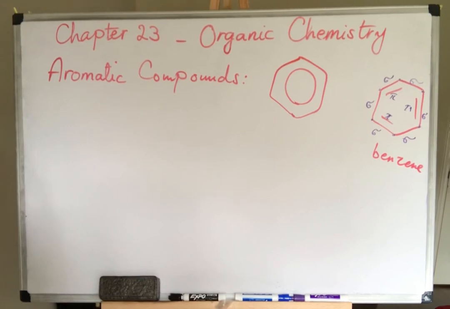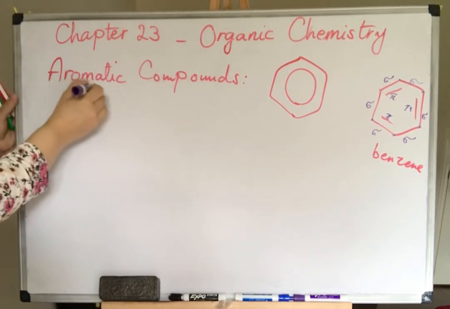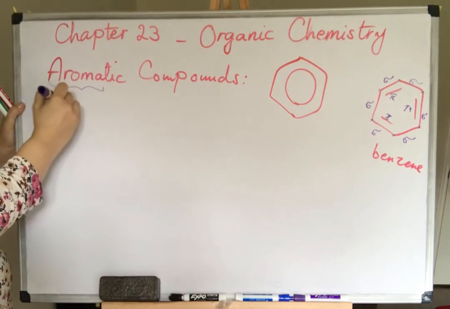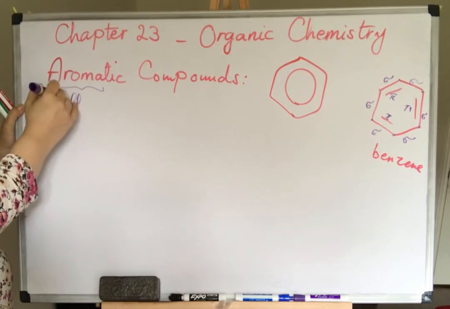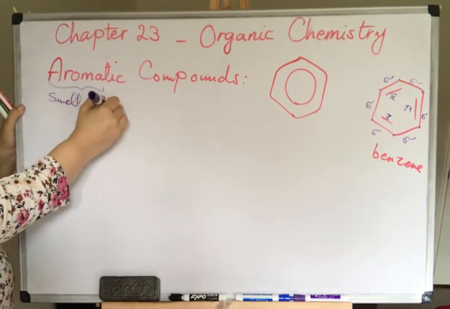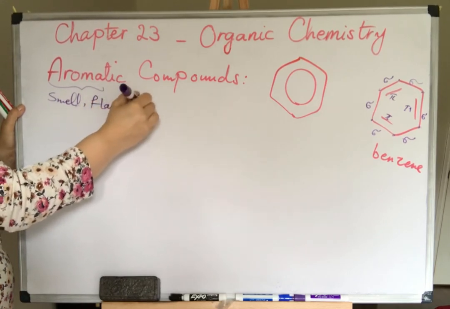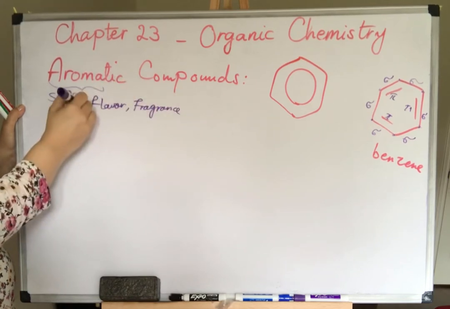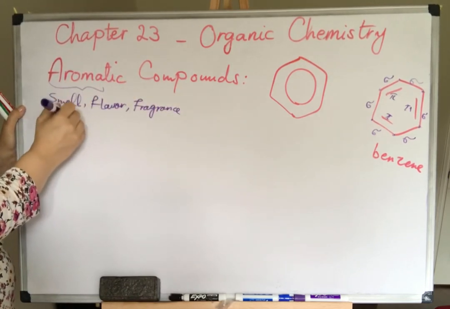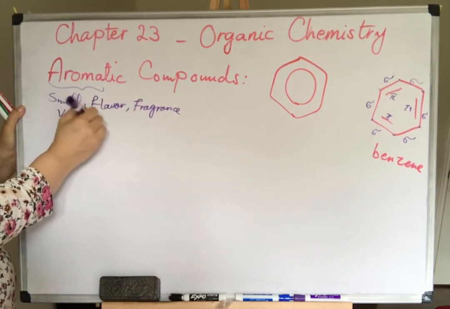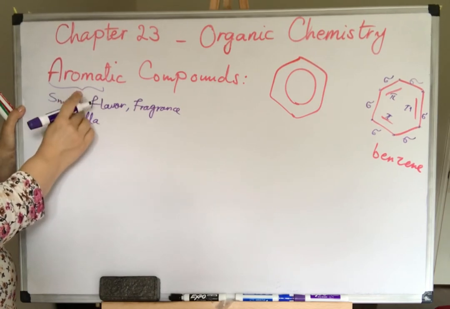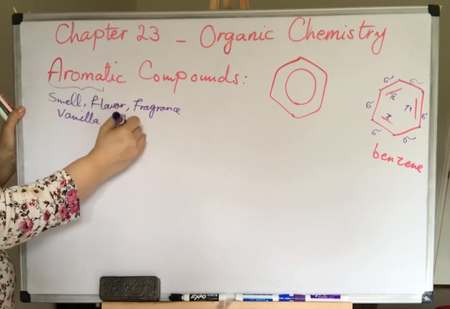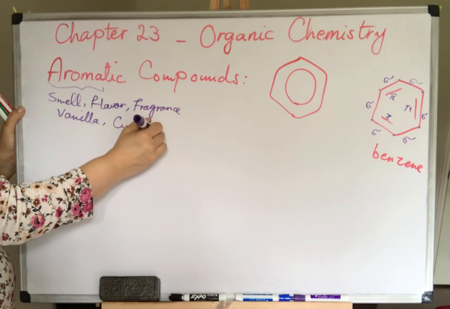Because aromatic compounds, aroma, I told you, it means a smell or flavor or fragrance. You can imagine that we have them also in food. Something like vanilla, vanillin, or cinnamon, coming from cinnamaldehyde.